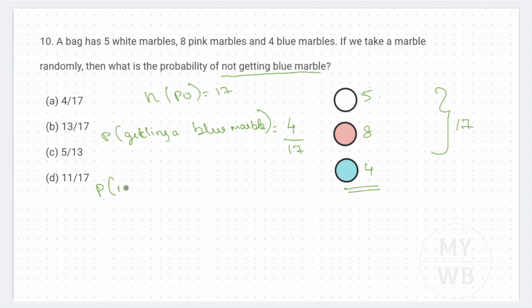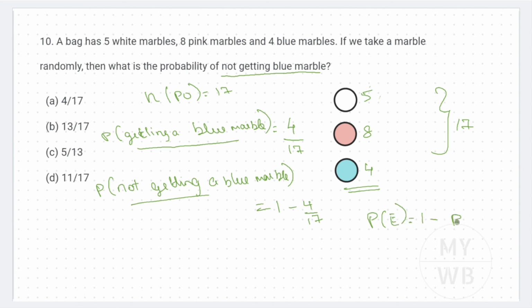Now probability of not getting a blue marble will be 1 minus 4 by 17. This and this are complementary events. We know that P of not E is equal to 1 minus P of E. So simplifying this, you get 17 minus 4 by 17, which is 13 by 17. So answer is option B, 13 by 17.